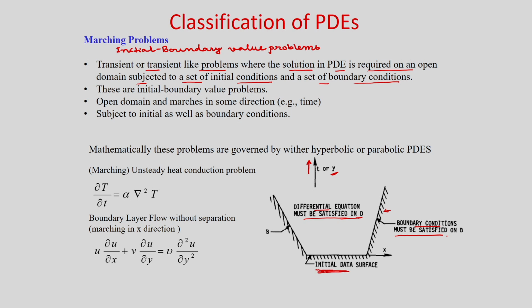If it is a tangent problem, then at t equal to 0 you need to specify the initial condition, or if it is a tangent-like problem then at x equal to 0 or y equal to 0 you need to specify the initial condition. This is your initial condition.